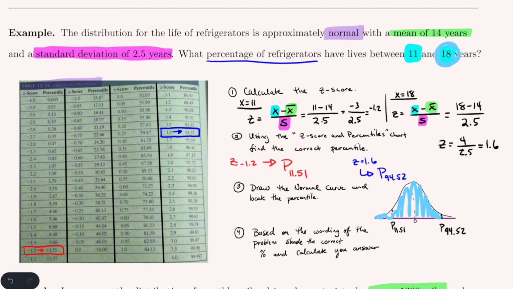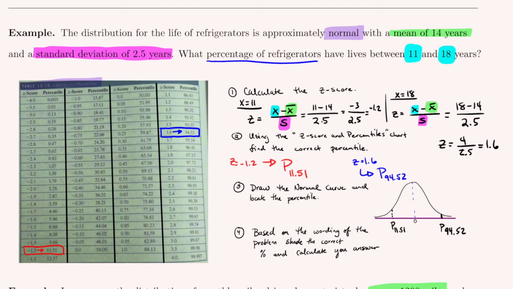And then the portion of refrigerators that would last greater than 18 years is this very small portion of the curve that lies above the 94.52 percentile.